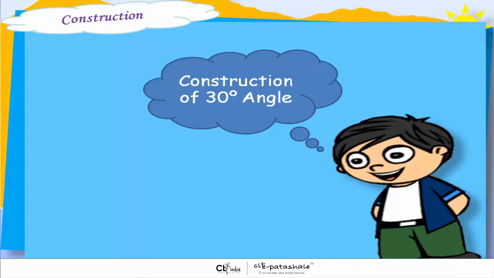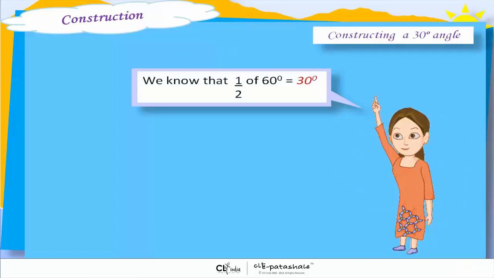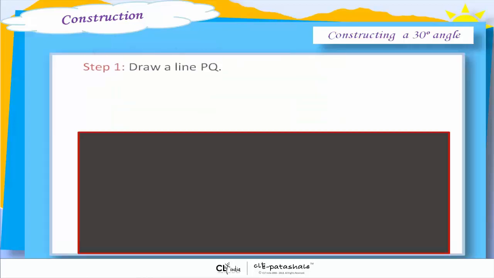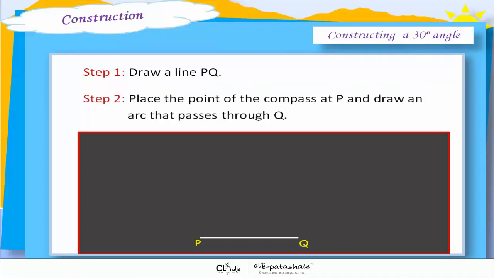Construction of 30-degree angle. We know that half of 60 degrees is 30 degrees. Step 1. Draw a line PQ. Step 2.